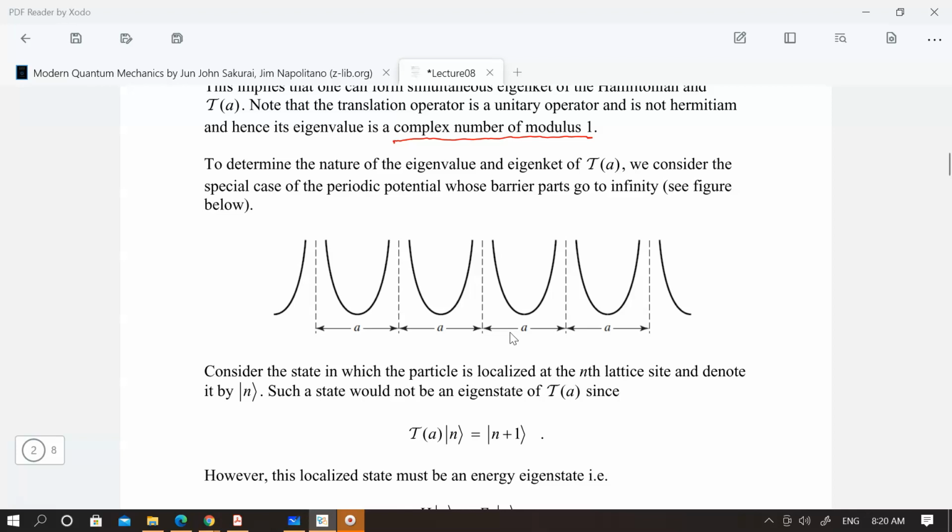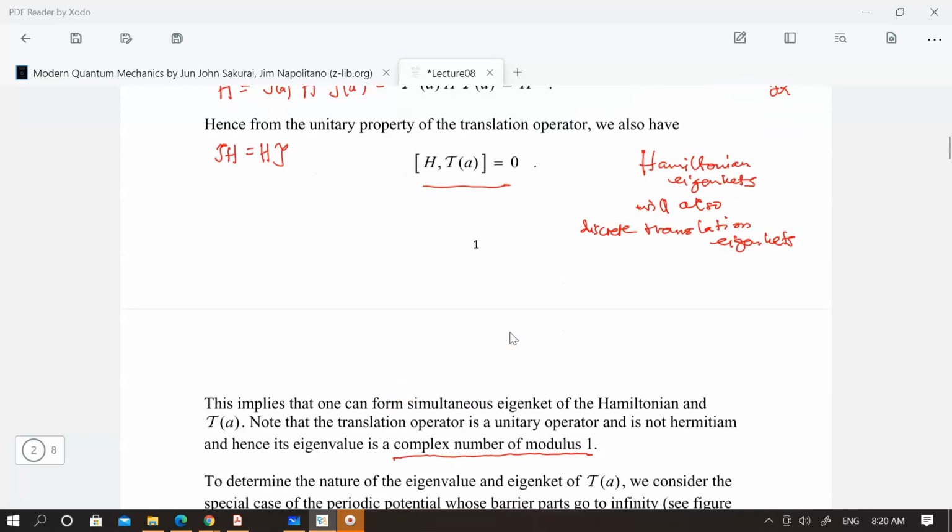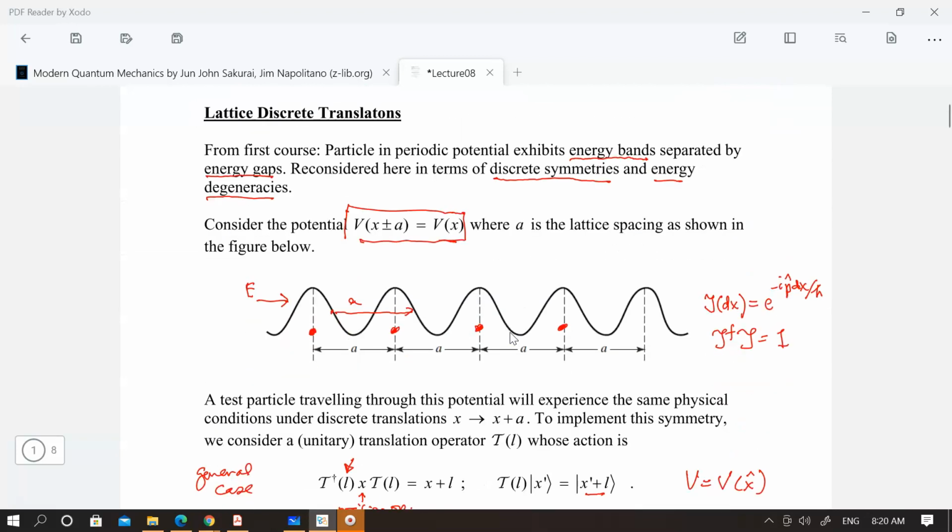For this particular case, we need some handle for making the problem simpler. One thing we can assume is a periodic potential, and if you think of the earlier case, you can think of a finite barrier.